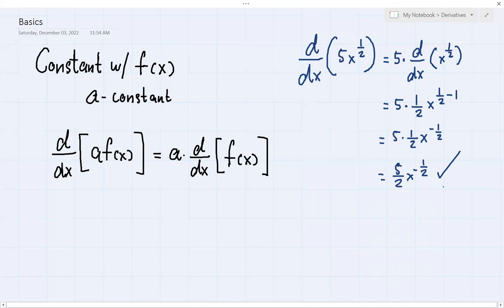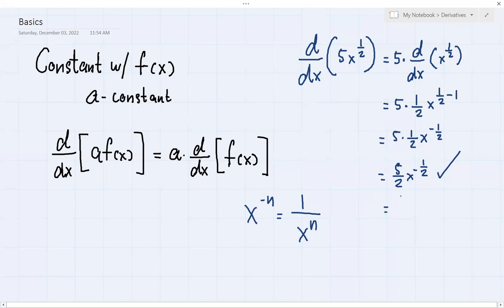Yan yung sagot natin. Or pwede pa natin siyang i-simplify. So kapag ayaw mo ng negative exponent, anong gagawin natin? Na-discuss ko na to kanina. We will reciprocate it. Kumbaga, if we have x raised to negative n, we can have 1 all over x raised to n. Gets mo?